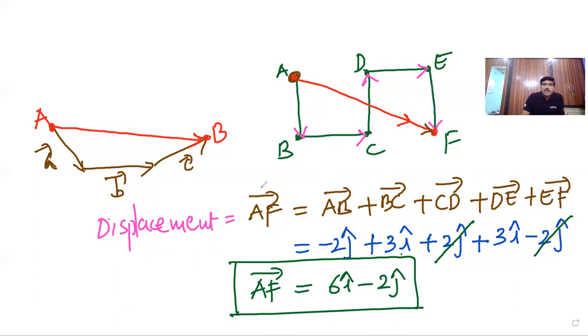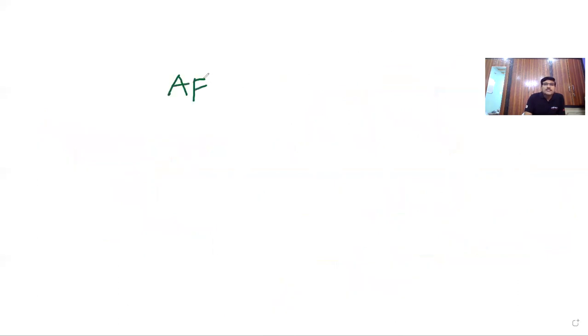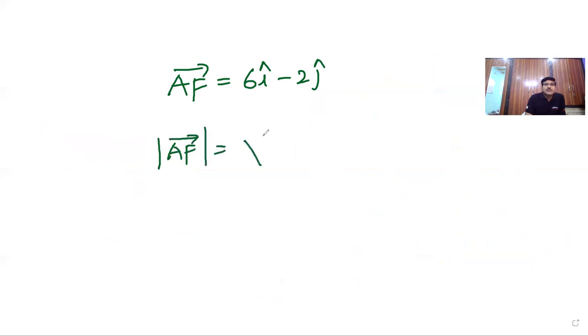Now, we require the magnitude of the displacement vector. So AF bar is the displacement vector, which is 6 i cap minus 2 j cap in vector form. The magnitude of the displacement vector, the modulus of this, is the square root of the coefficient of i cap squared plus the coefficient of j cap, minus 2, squared. Now here observe, minus stands only for direction.